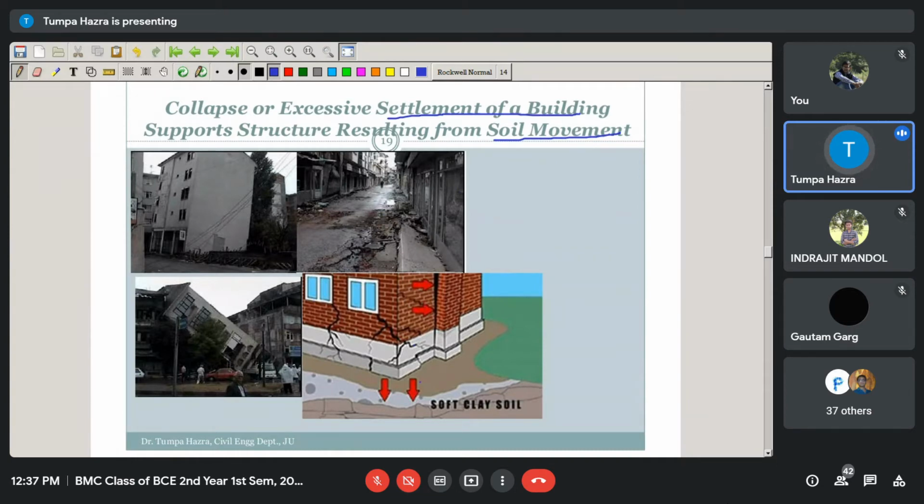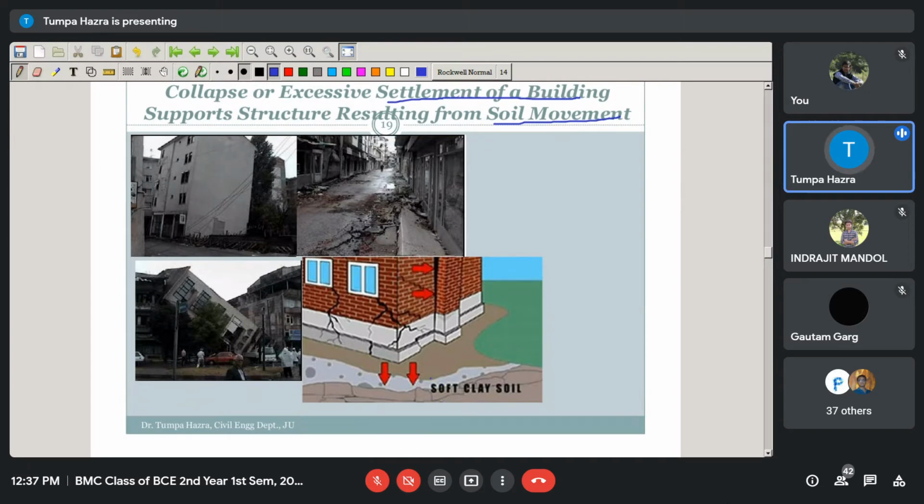Here you will see the picture of the punching shear failure, and this is the picture of the local shear failure. Now if the settlement is excessive, then the building will completely collapse.